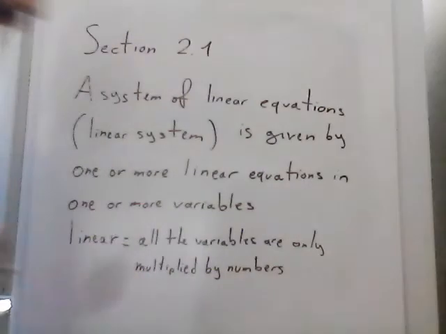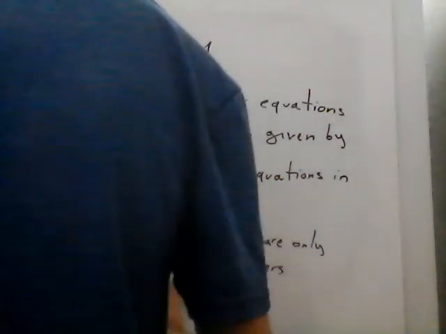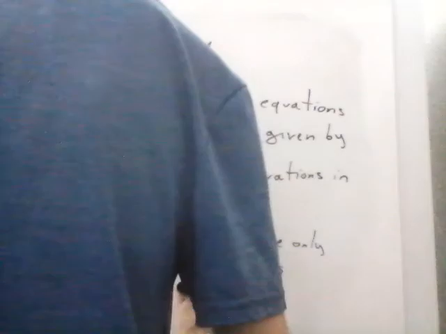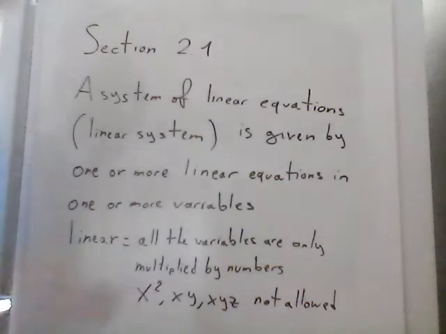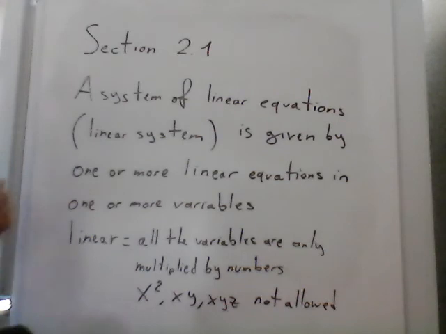Okay, so we never multiply variables together. For example, x squared, xy, xyz are not allowed. And we usually write the constant term, so the term that doesn't contain variables, on the right hand side of the equations.